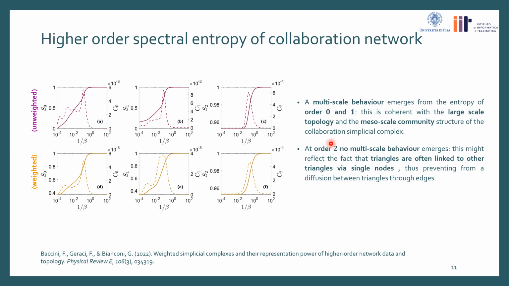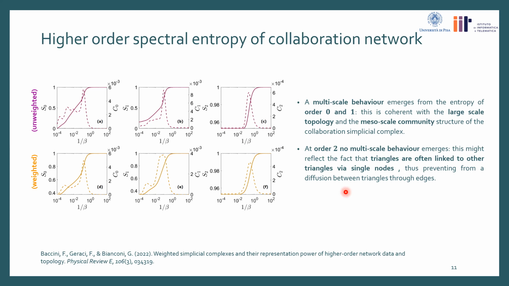The von Neumann entropy at order 2 reflects the diffusion of information, the information flow through the network, happening from triangle to triangle through edges.